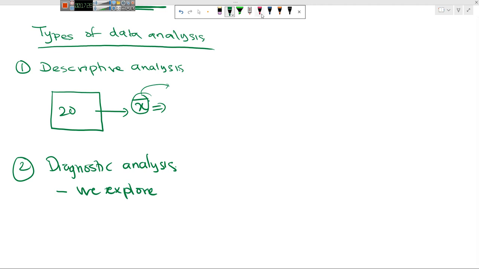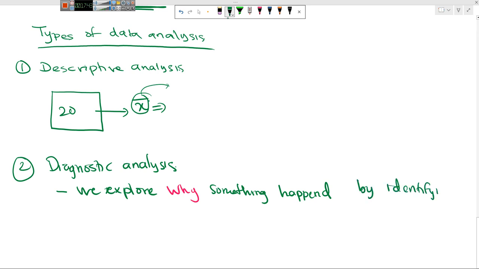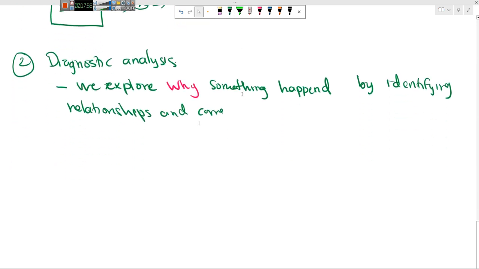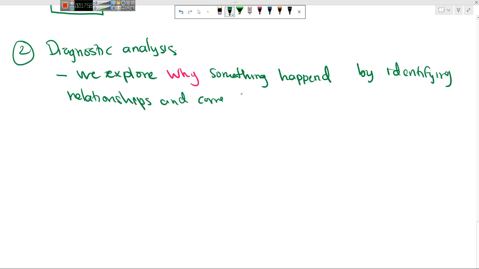This word, why, is very important. So correlation and regression chapters can come under diagnostic analysis.